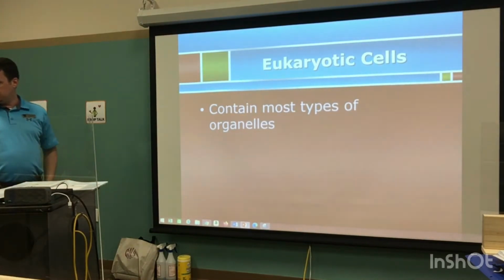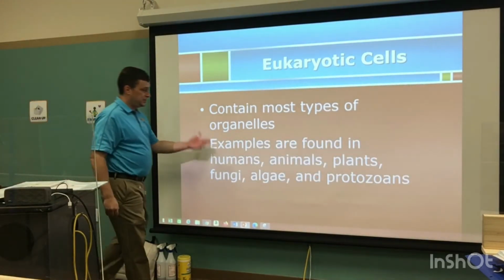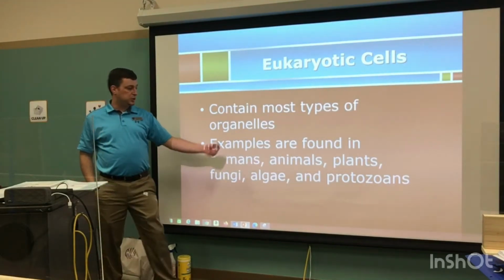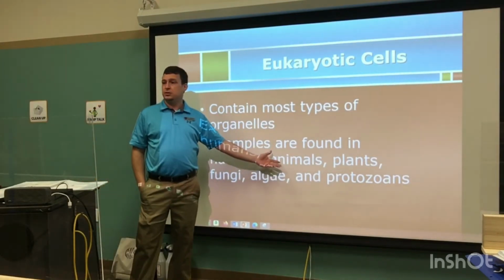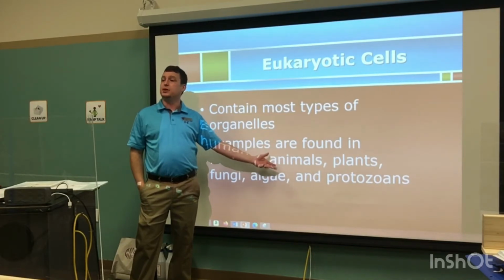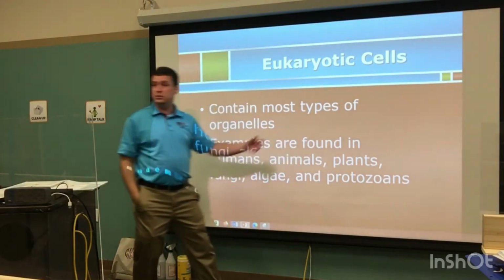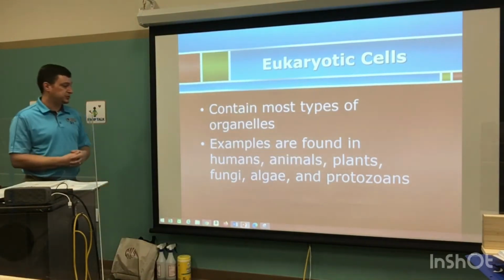Now some awesome examples of eukaryotic cells. You, of course. You are made of eukaryotic cells. Also, all the animals in the animal kingdom are made of eukaryotic cells. All the plants in the entire plant kingdom are made of eukaryotic cells, and so are fungi.